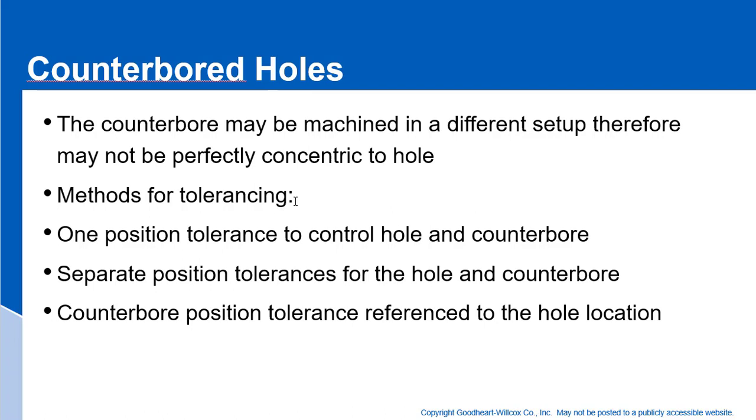And there are three different methods for tolerancing a counterbore location with respect to a hole. One is a single position tolerance to control the hole and the counterbore. Or you could do it with separate position tolerances for the hole and the counterbore. Or you can reference the counterbore position tolerance back to the hole location.